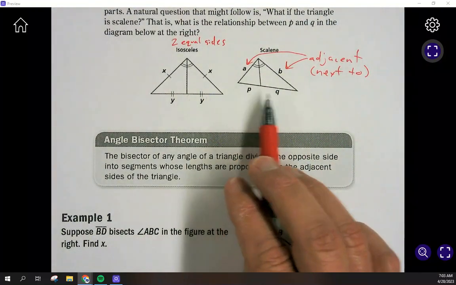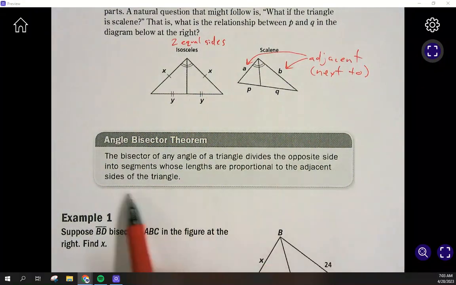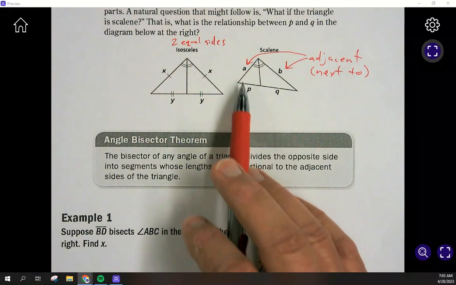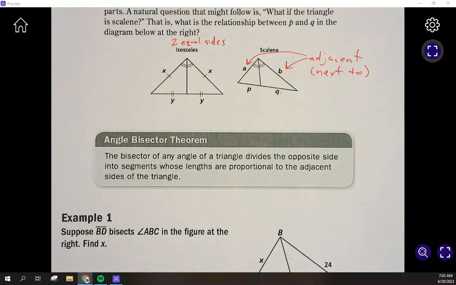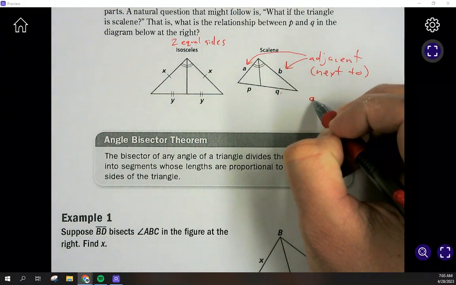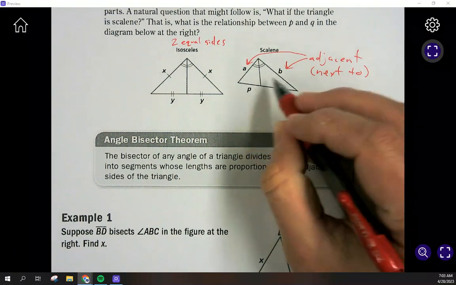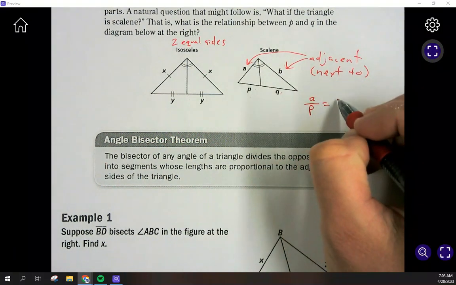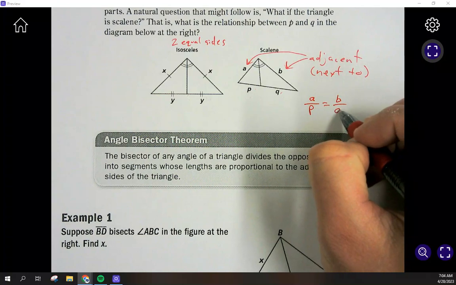And then these are the segments on the opposite side that are going to be proportional to these adjacent ones. So that means I can set them up in a proportion. So A over P is going to equal B over Q.